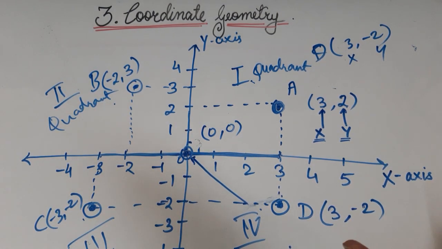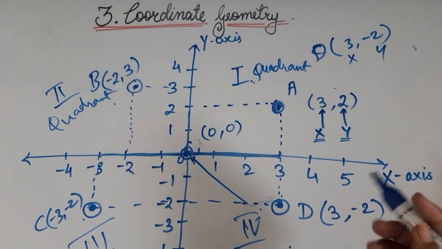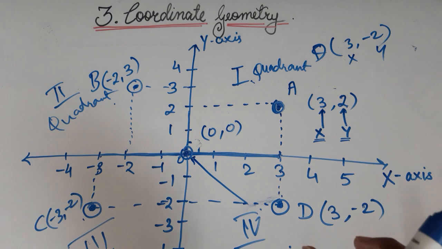Now this is called the Cartesian system. Why is it called the Cartesian system? Because the mathematician Descartes invented this. He put forth that 2 lines are needed to locate a point on a plane. So after his name Descartes, Cartes from his name is taken, and this system is called the Cartesian system.